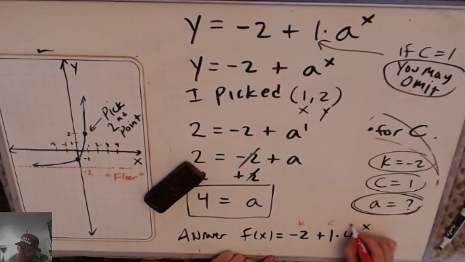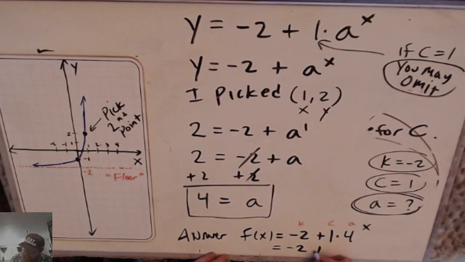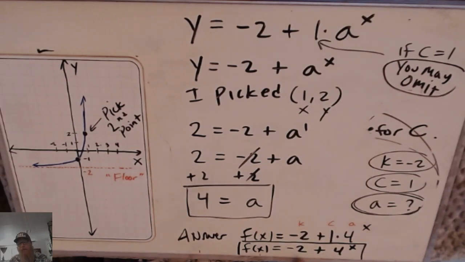That's K, that's C, and that's A. K, C, A. When you type this into the computer, you may omit the C, so you can just write it like this. So your answer is -2 plus 4 to the x power.